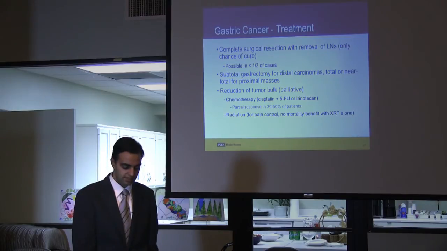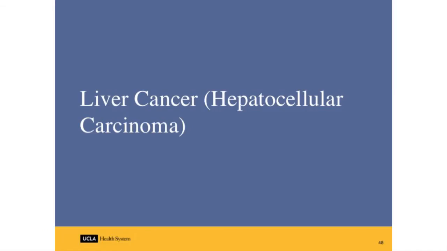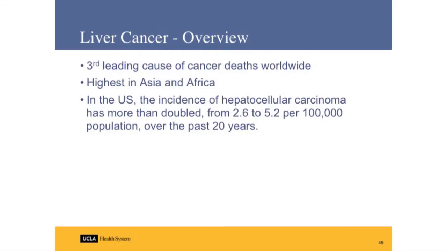So skip this slide. So now coming to liver cancer. Liver cancer is the third leading cause of cancer deaths worldwide. It's highest in Asia and Africa, and the reason for this is the high prevalence of hepatitis B and C in Asia and Africa, which are the major risk factors for liver cancer.